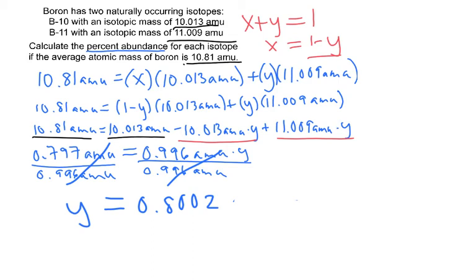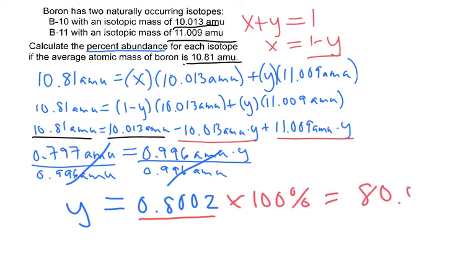Since the average atomic mass of boron is 10.81, that's only 4 sig figs, so we have the correct amount. So we want to represent this as the fraction or proportion, and we need to represent this as percent abundance. So in order to get it to be percent abundance, we need to multiply it by 100%.